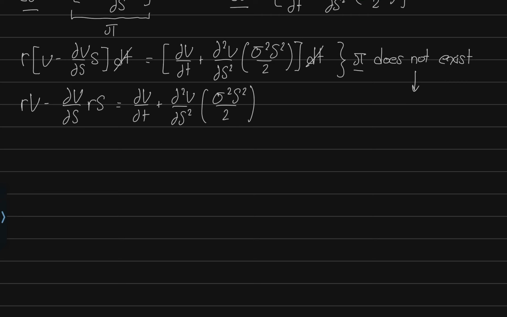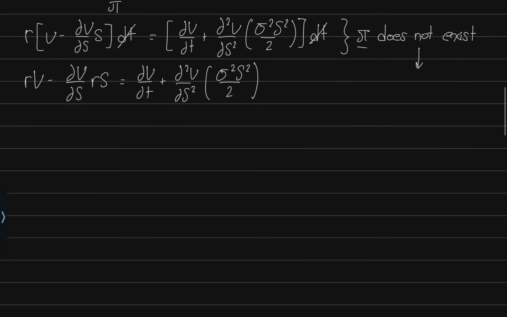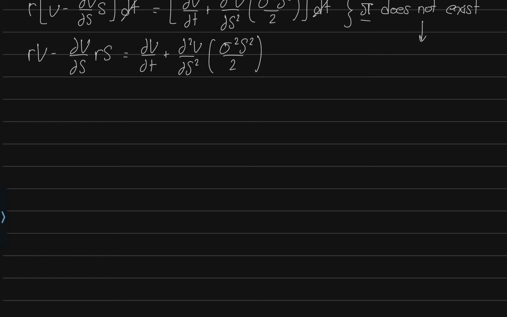Cool. Now we can rearrange everything and put 0 on one side. And on the other side, we would have the partial derivative. Actually, I'll do this on the next line, just because it's important.